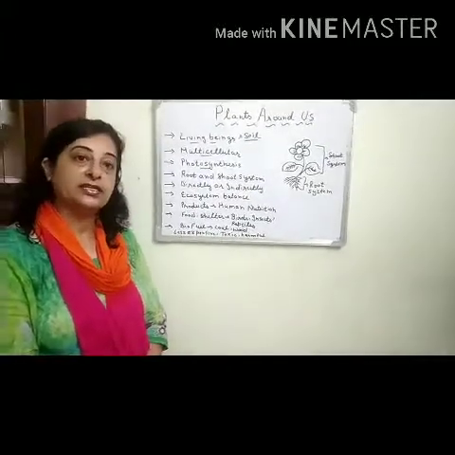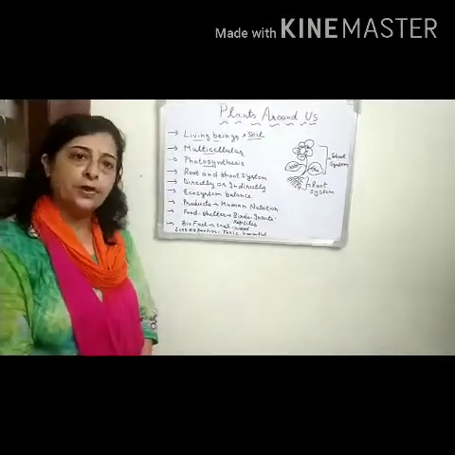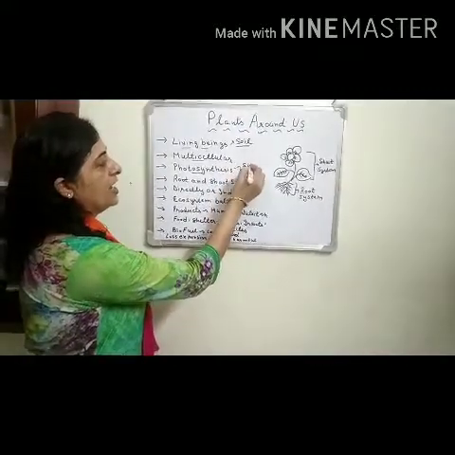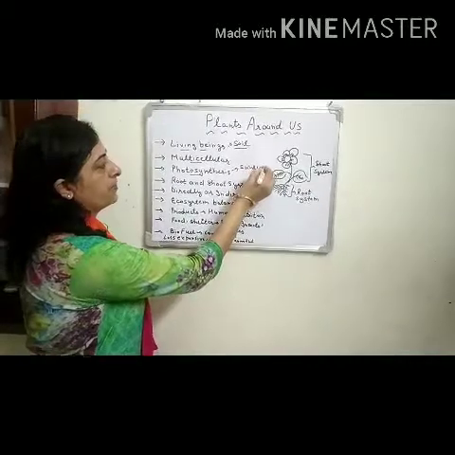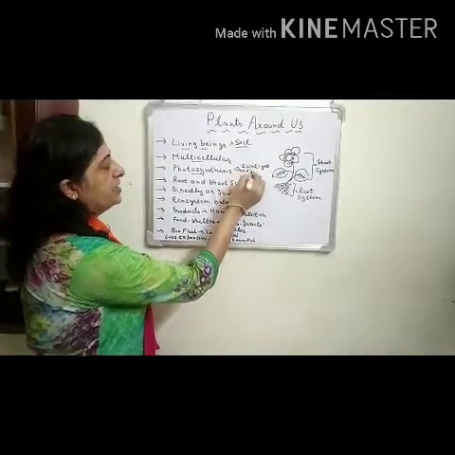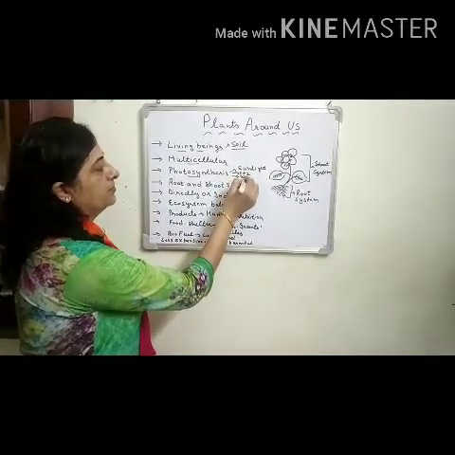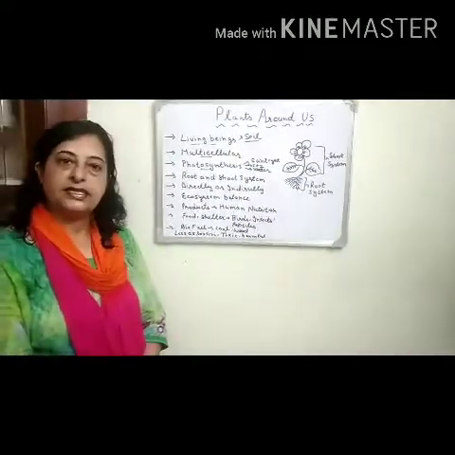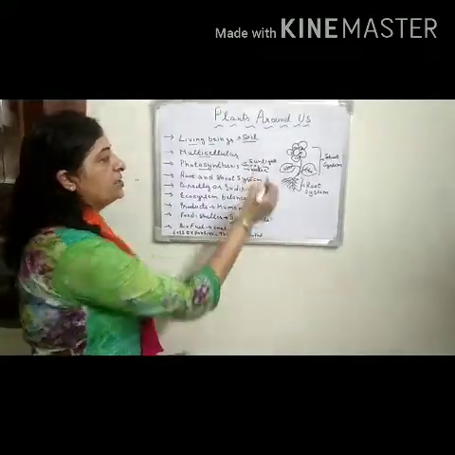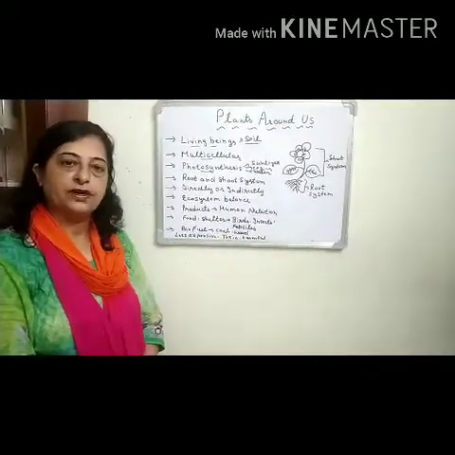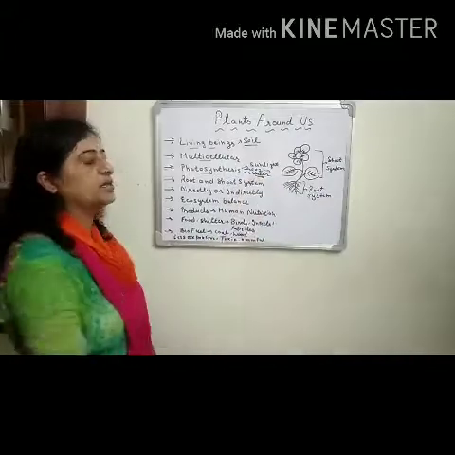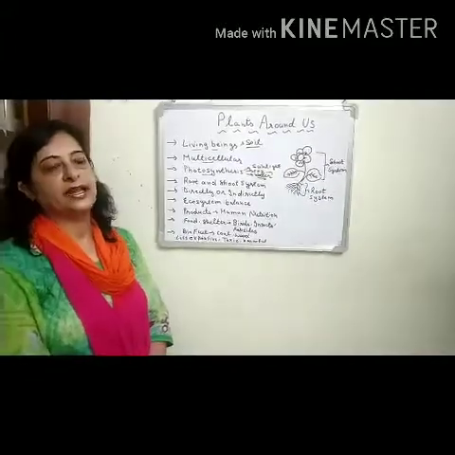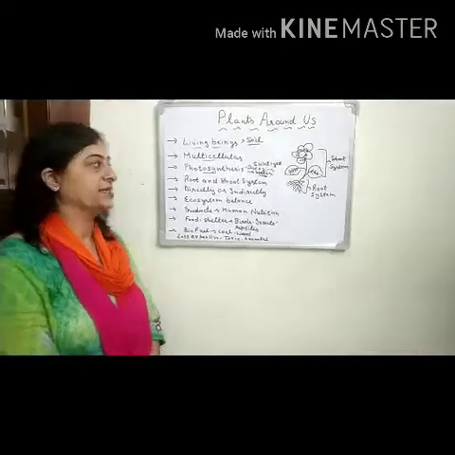Photosynthesis is a process to prepare food by the plants with the help of sunlight, carbon dioxide and water. Plants capture the energy of the sun, take carbon dioxide from the atmosphere, take water from the soil and prepare food for themselves as well as for all living beings.